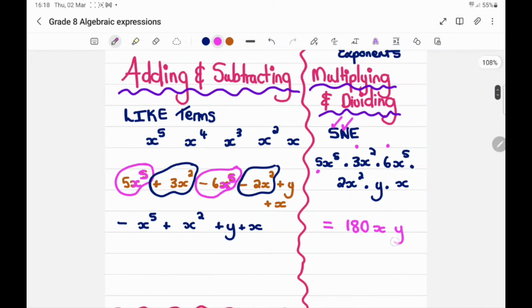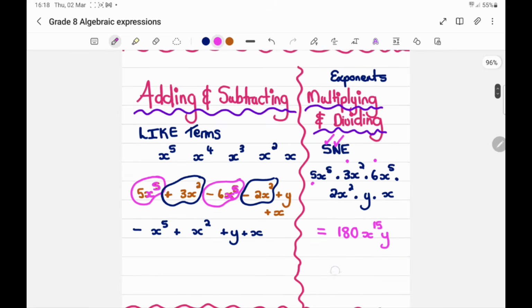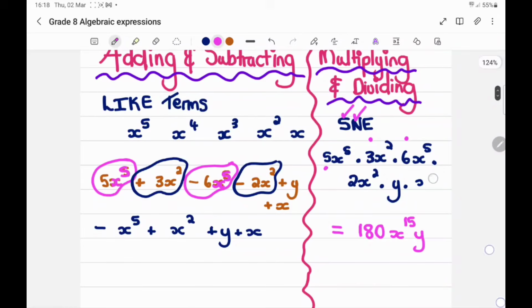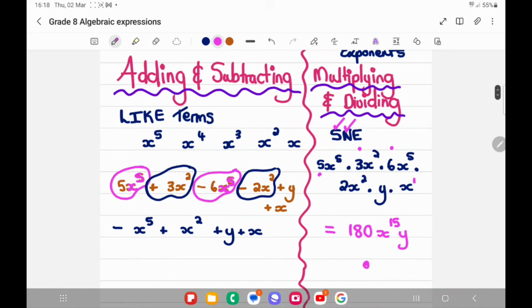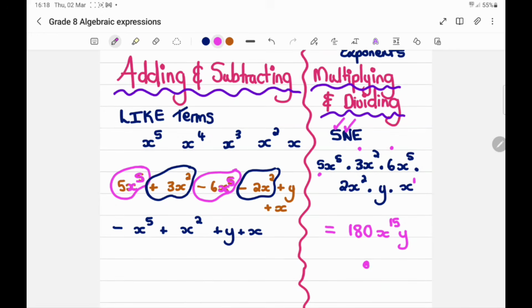There's x to the power 5 plus 2 is 7, plus 5 is 12, plus another 2 is 14, plus 1 is 15. So you get 15 x's. And how many y's? Just one lonely y.